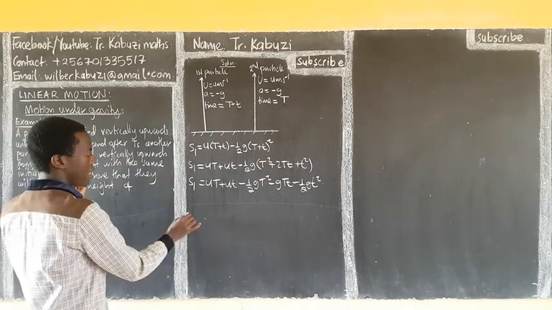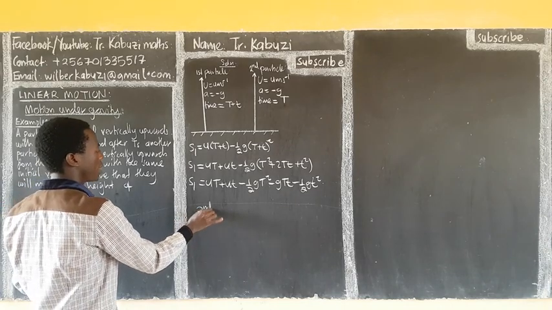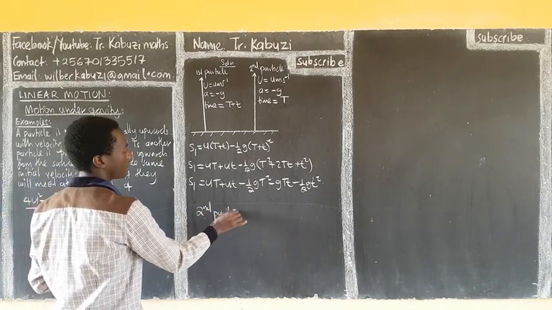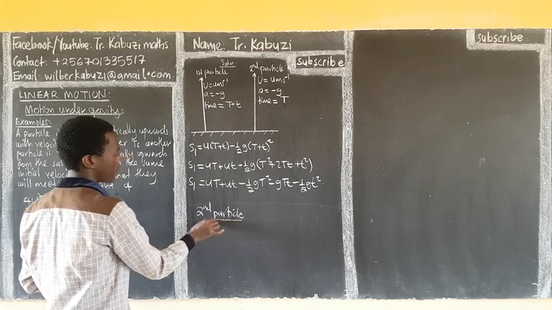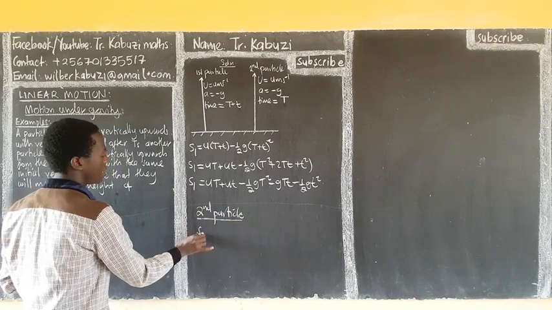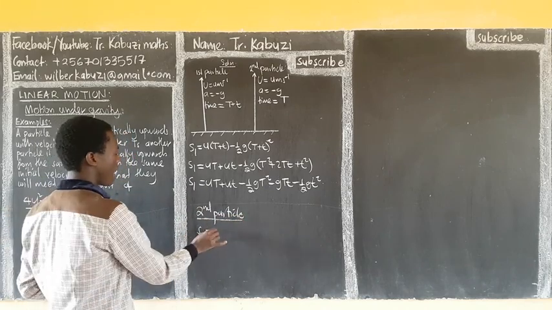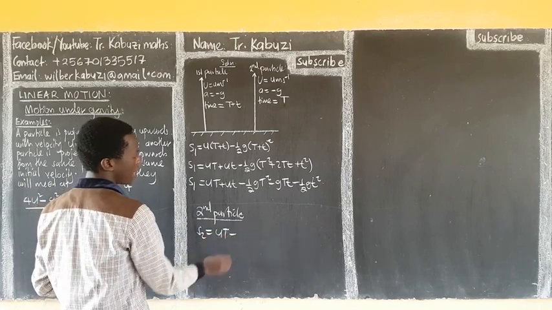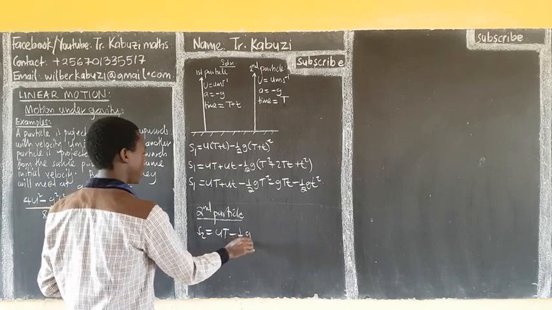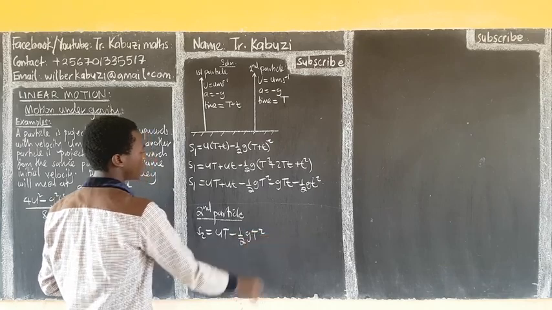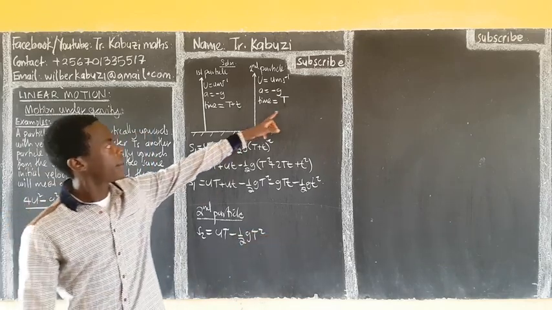Then for the second particle, let us call the distance S2. We are going to have ut, then minus half g t squared, because its time is t.